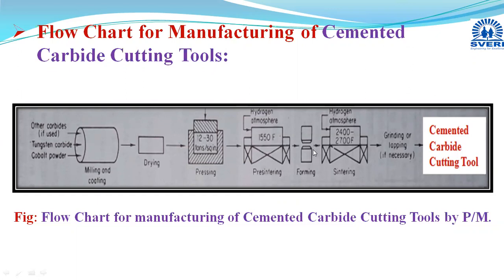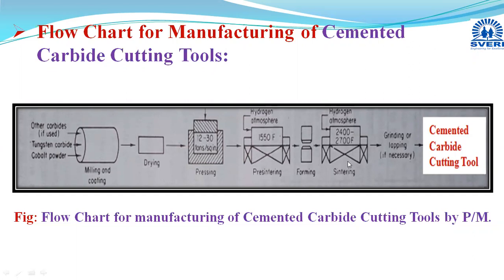Sizing is done, and then it is given to the final sintering operation, which is done at 1350 to 1550 degrees Celsius in the reducing or hydrogen atmosphere or controlled environment.